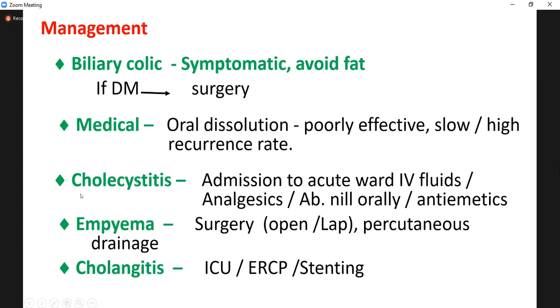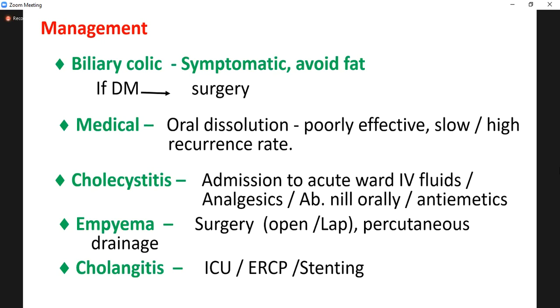So cholecystitis: the admission to the acute ward, I have told you. Give IV fluids, analgesics, antibiotics, and keep them nil orally until the acute situation is sorted. Antiemetics, that's the management for acute cholecystitis. If there's empyema, when you do the scan, the radiologist will say there's empyema. Empyema is a pus collection inside the gallbladder.